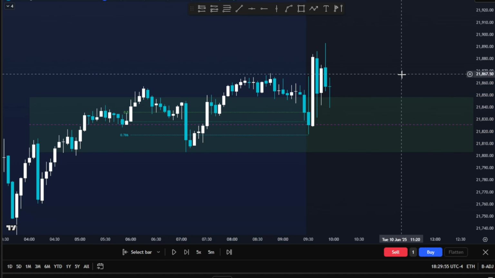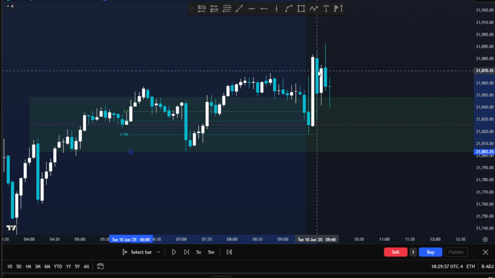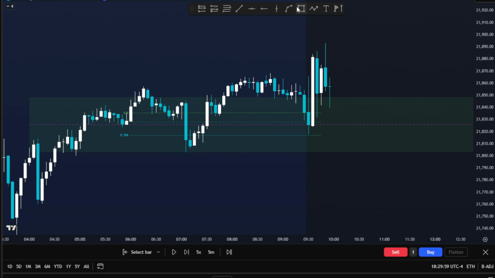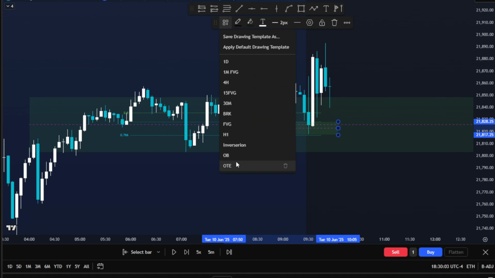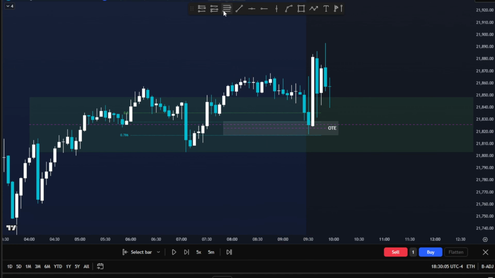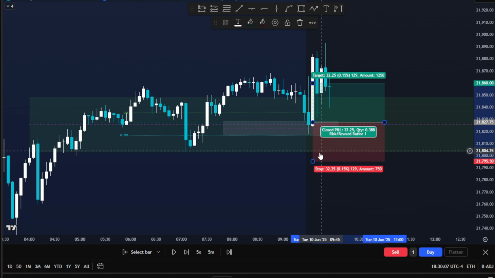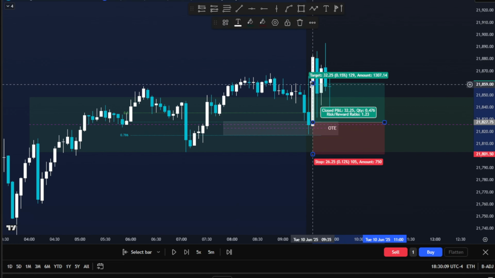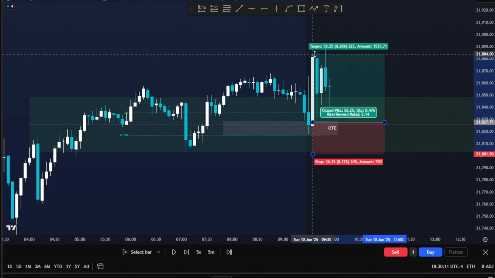It was around here, kind of hard to see. This is my entry for the first target. And then I long from OTE here, stop at this low, and then I target, as always, Q.